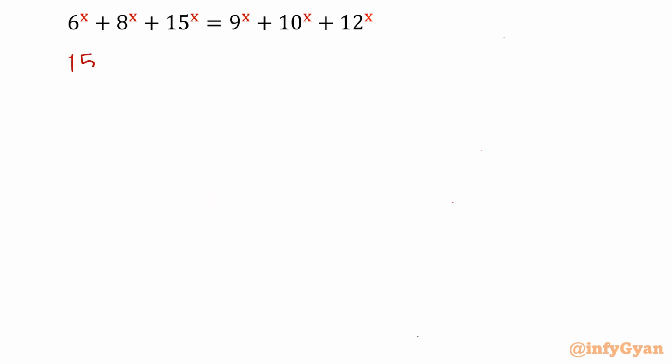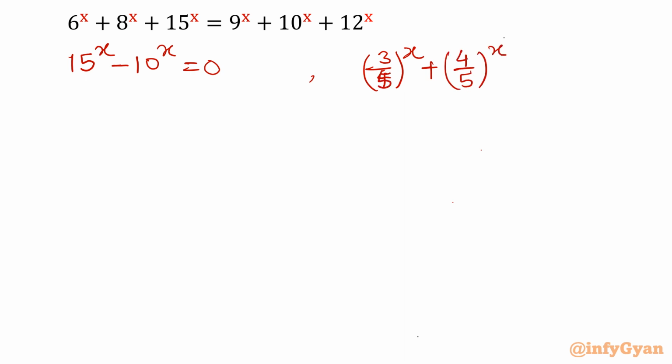So either 15^x minus 10^x will be equal to 0, or the second bracket, (3 over 5)^x plus (4 over 5)^x minus 1 equal to 0. This is equation 1, this is equation 2.